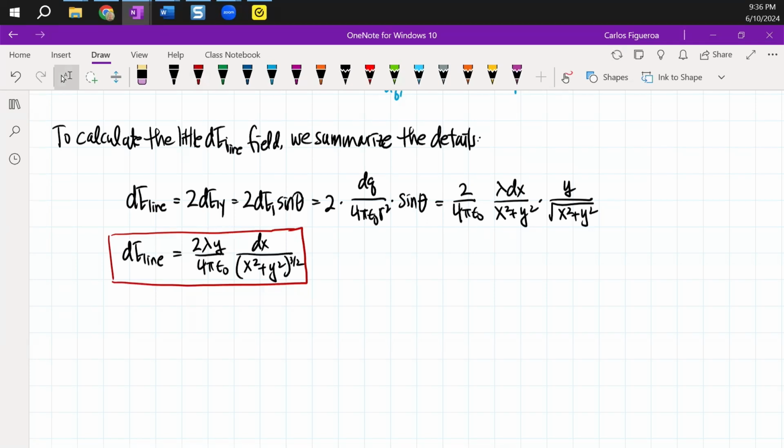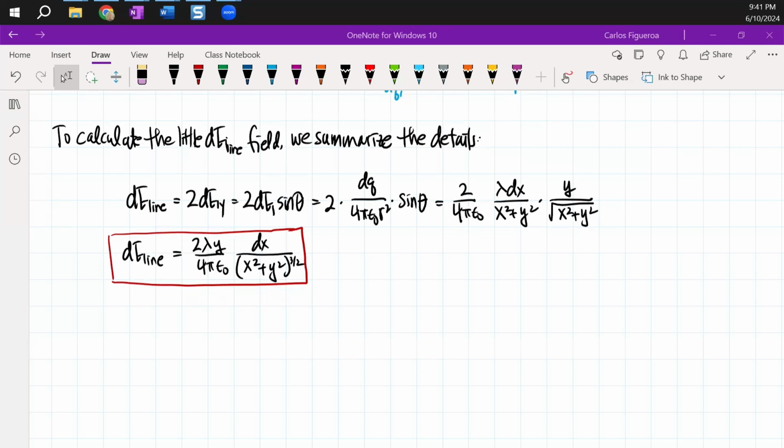Now we have to calculate this thing. Finally, we're at one of our last steps, step 4. So now we need to integrate.